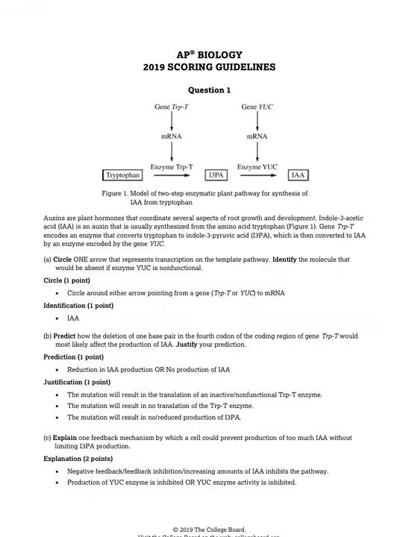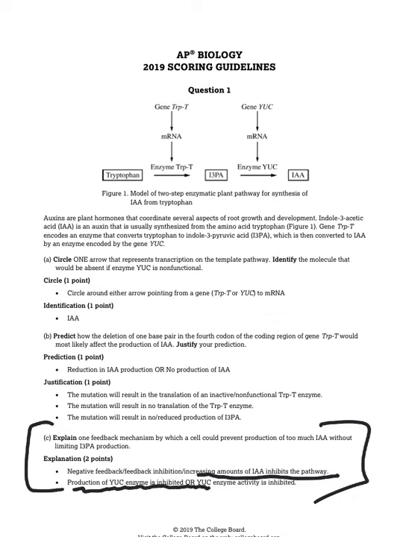If we look at the rubric, what you needed to have here, in C, which is down here, is that negative feedback or feedback inhibition will increase the amounts of IAA, which will inhibit the pathway, or that the production of YUC enzyme is inhibited, or the YUC activity is inhibited. So you needed to say a couple things.